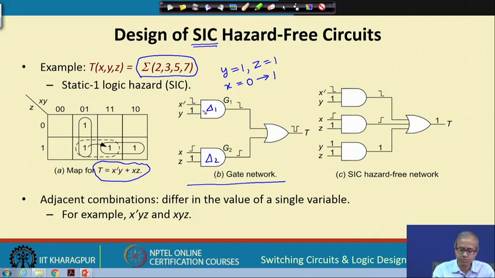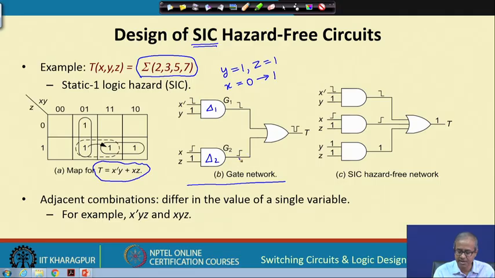Suppose delay of gate 2 is more than G 1. So, this transition occurs first, G 1 output becomes 0 first. But you see this is an AND gate, this is delayed. So, the output will become 1 after some delay.